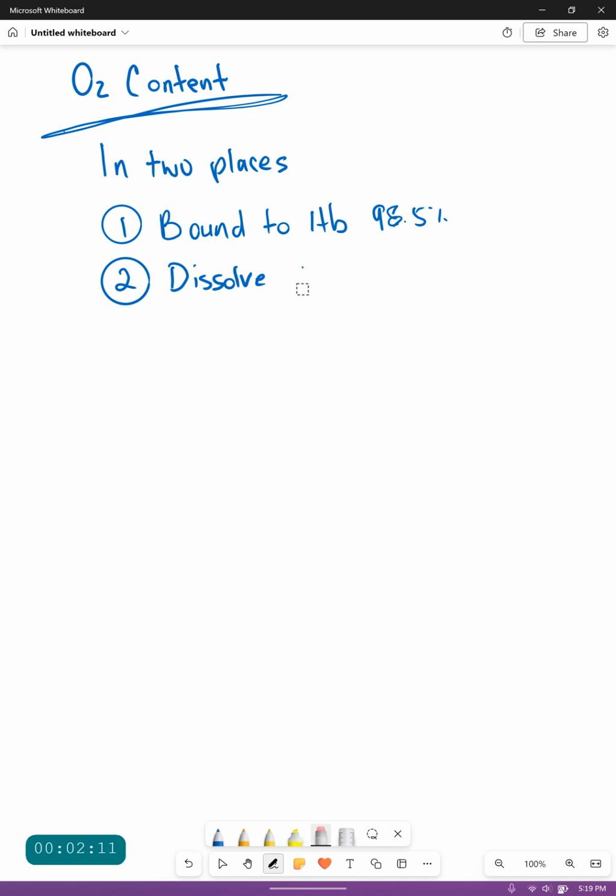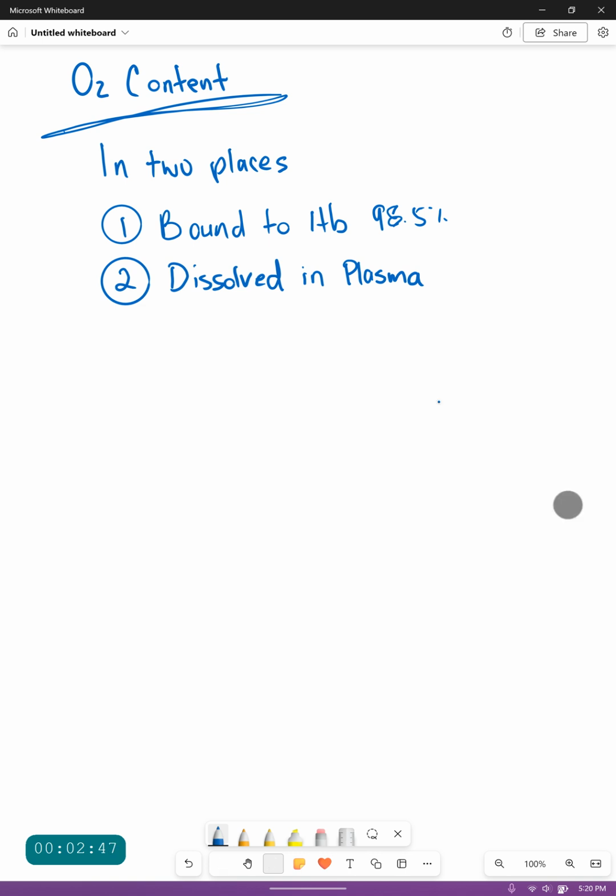Now, my previous lesson on the oxyhemoglobin dissociation curve talks about the relationship between oxygen connecting to hemoglobin at the lungs and at the tissue and what affects that. This is something different.